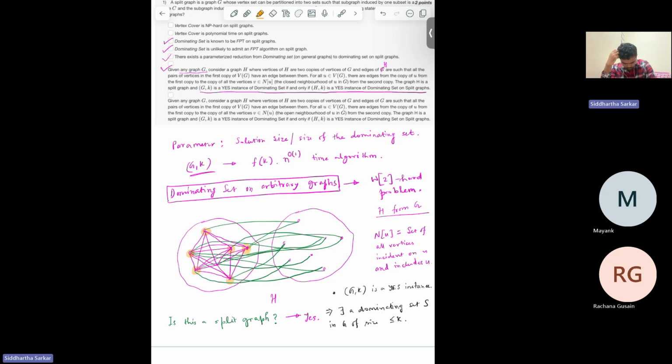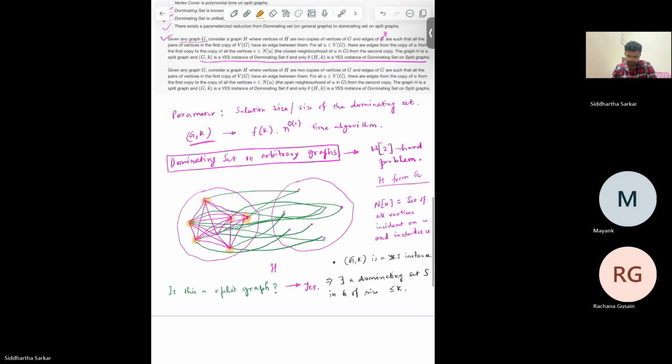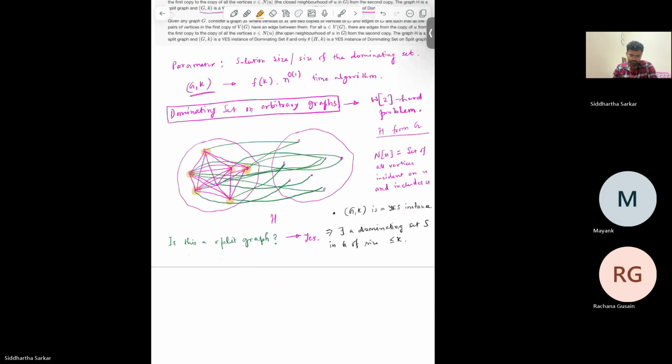Let us take a concrete example. Let us take our easiest example with which we started. Let us say the graph G is a triangle. So H will be like this.